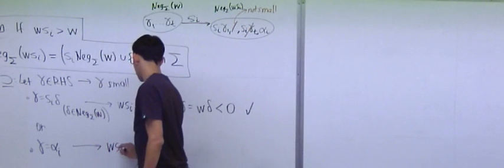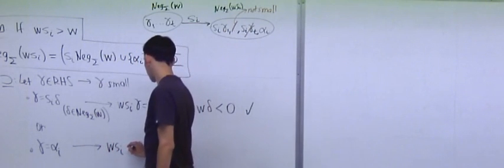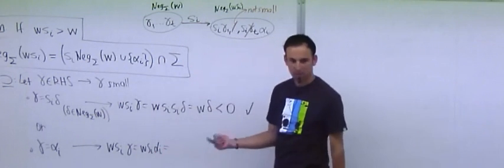And let's do it in the other case. What does WSi do to gamma? Well, this is WSi alpha i. Now, Si alpha i is just minus alpha i, so this is minus W alpha i. And because WSi is bigger than W, that means that W alpha i is positive, which means that this is negative.